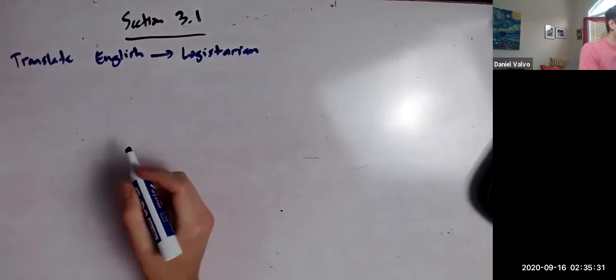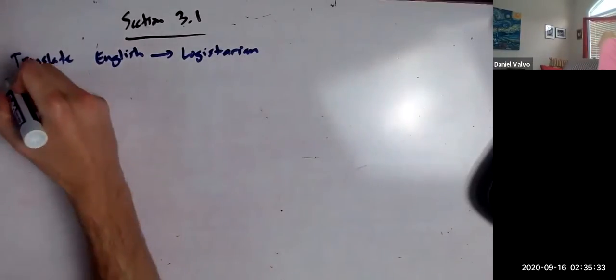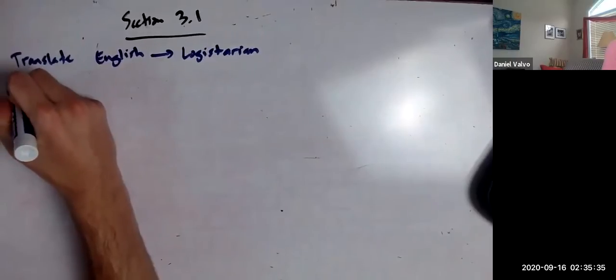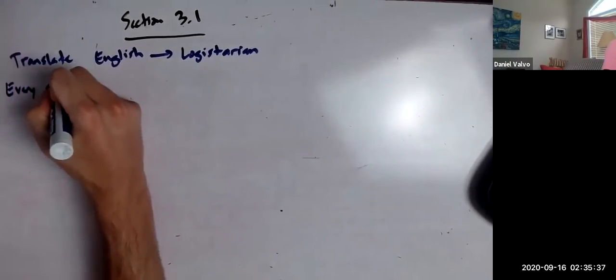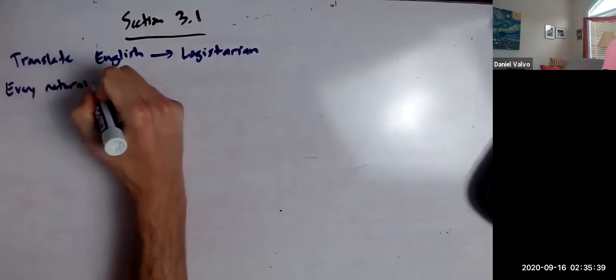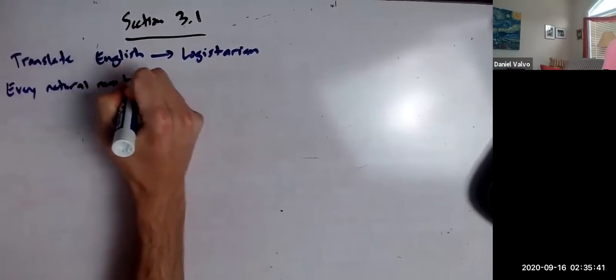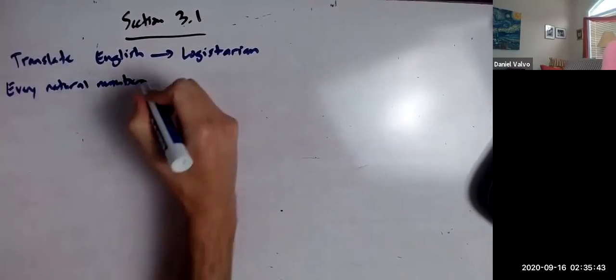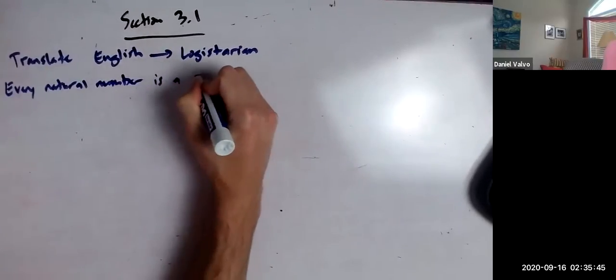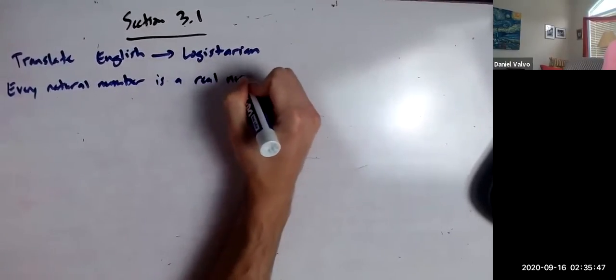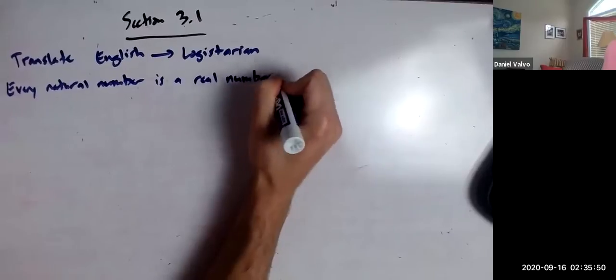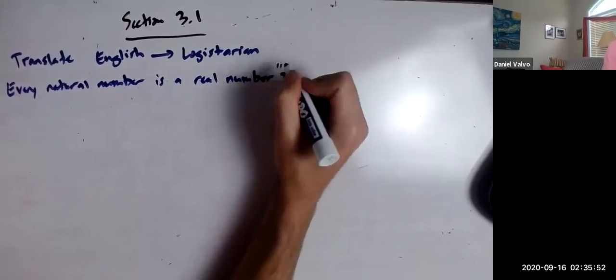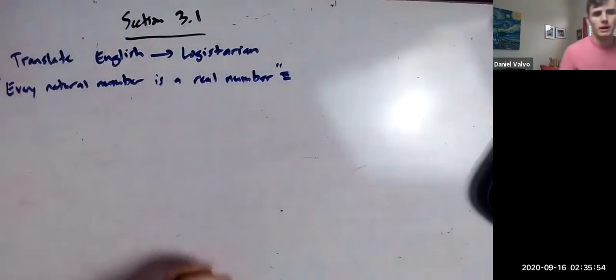So, for example, if I had the statement, every natural number is a real number, how would you write that logically?